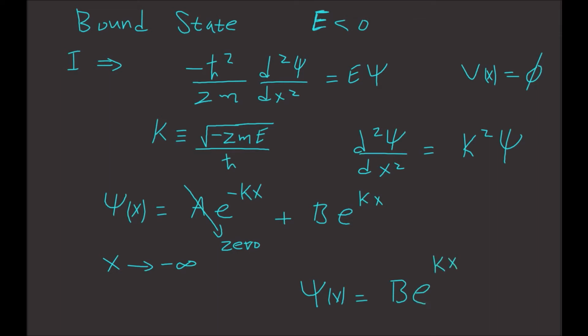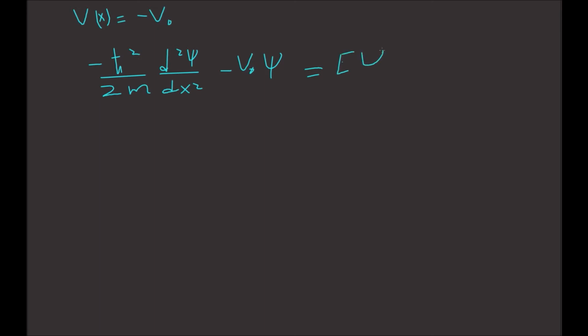Good, so now we're going to look at the second region where V(x) equals minus V naught. This is between minus a and positive a. The Schrödinger equation reads minus h bar squared divided by 2m times the second derivative of psi with respect to x, minus V naught times psi, equals E times psi.